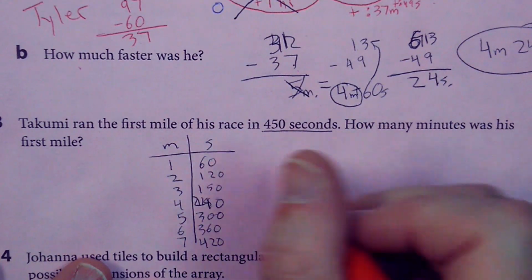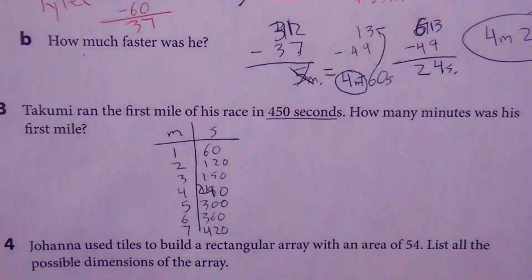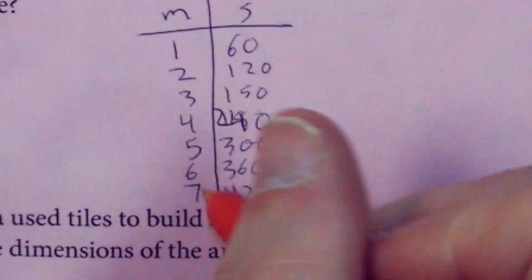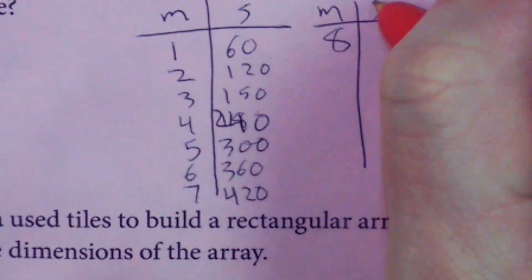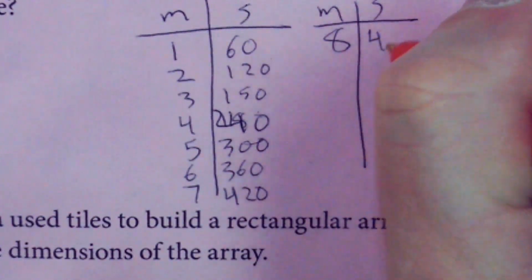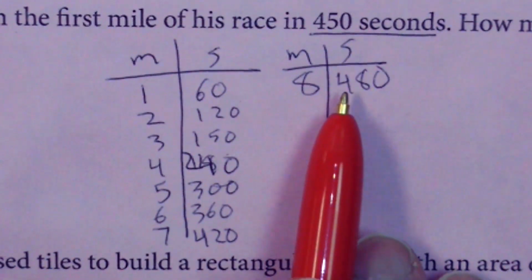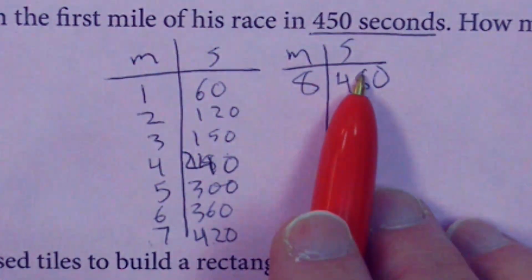And then 8 minutes. If I could get my, I guess I could have zoomed in, didn't realize how far away that was. And then if I could sneak in an 8, which I'll just put down here. Okay, it's 480. So, 7 is 420 seconds. 8 minutes is 480 seconds.